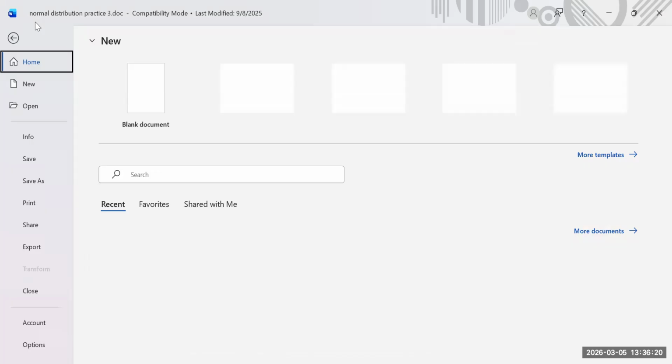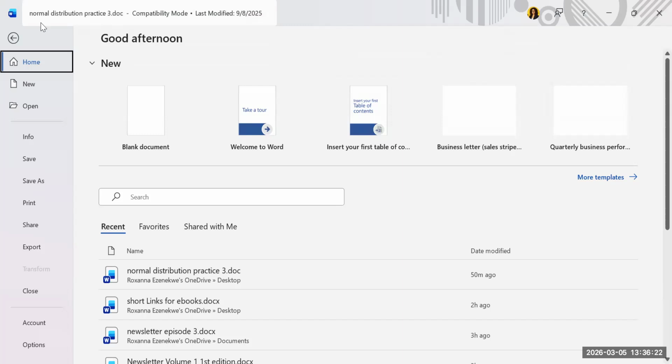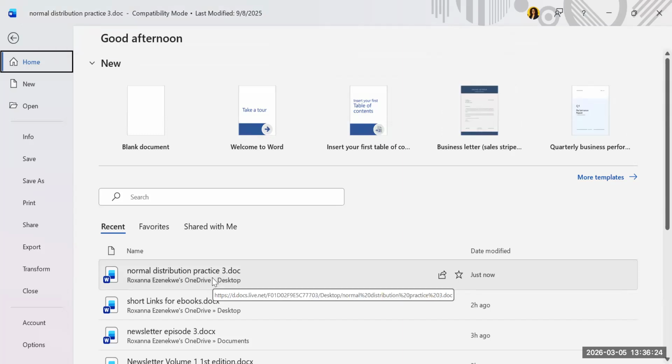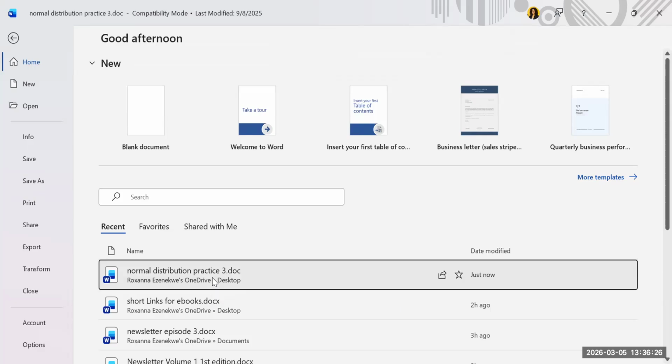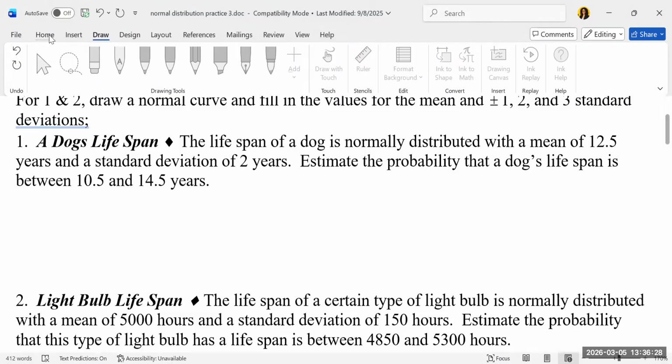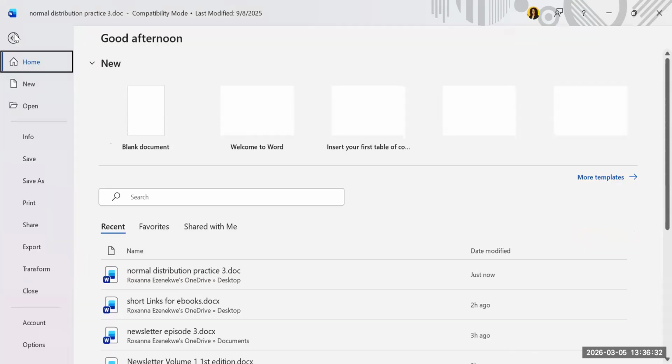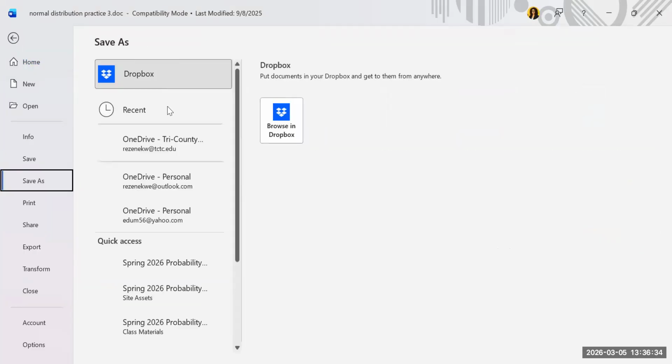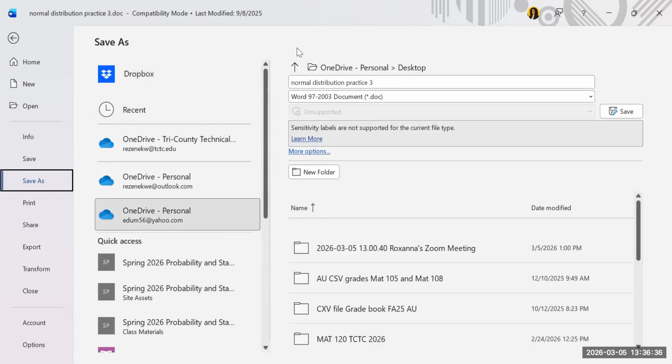Why is this not showing? If I save it as normal distribution 3A, is it going to help?